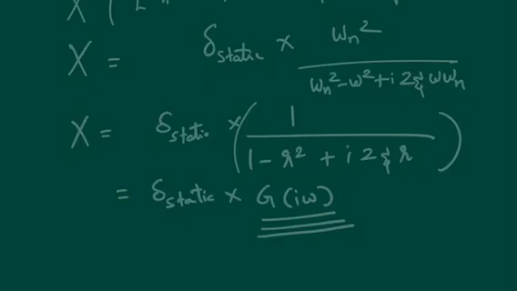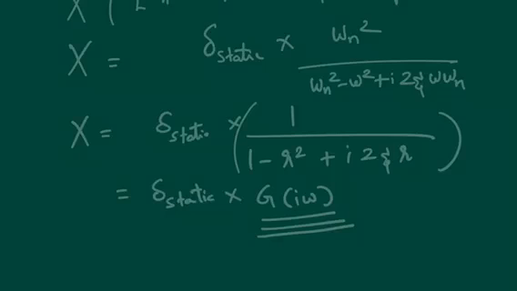Why is it called the frequency response? Because it tells us how the amplitude of my response varies with respect to the frequency, because my excitation frequency is there in this term. So this frequency response will tell us how the amplitude of the response is varying with respect to the excitation frequency.